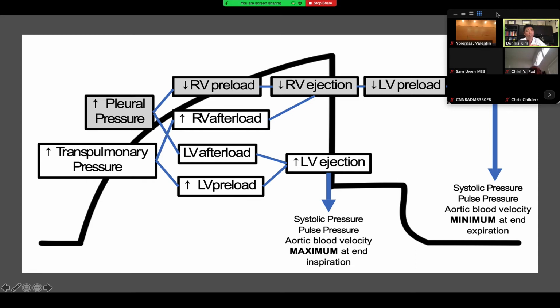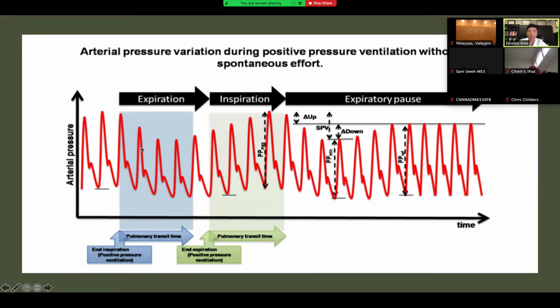But there's a little bit of an electromechanical delay between what you see on your EKG and the changes that you're going to see on your A-line, such that patients who have hypovolemia, or more specifically patients who may be fluid responsive, meaning if I give a fluid challenge, they will improve their hemodynamics, there's a delay such that you'll see this undulation in the arterial waveform, and that minimal peak is lowest during expiration.